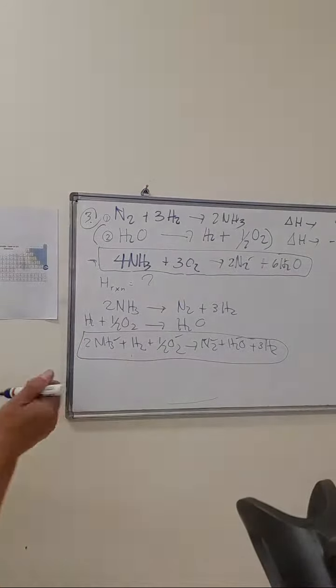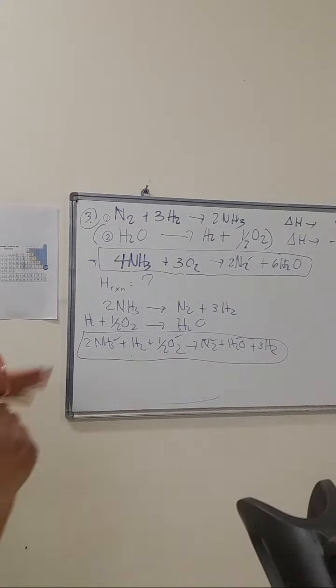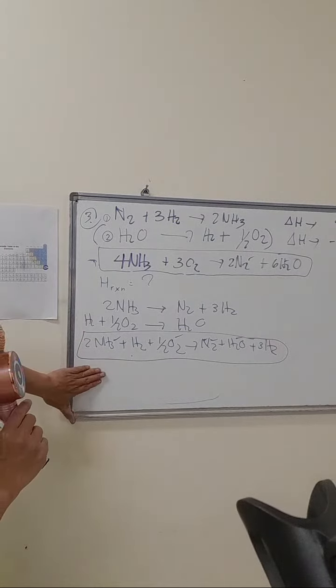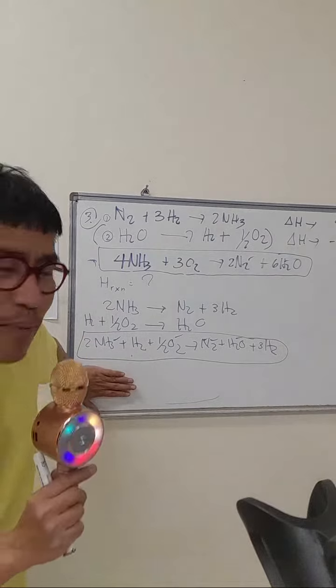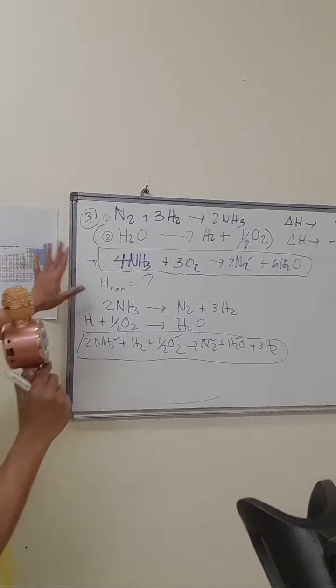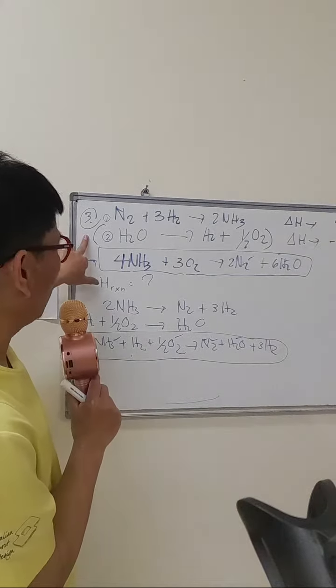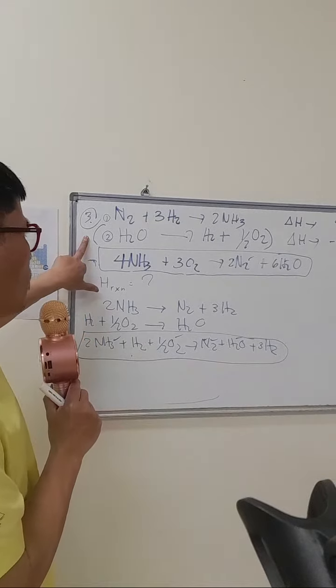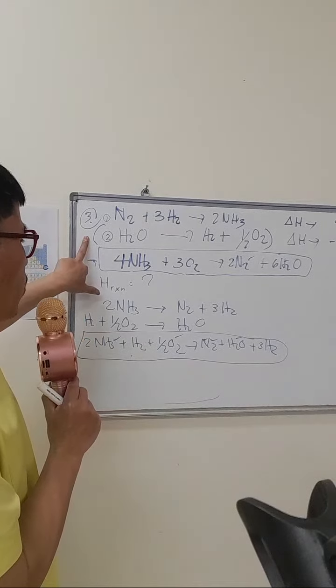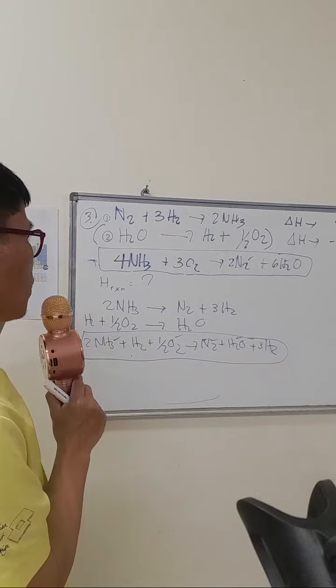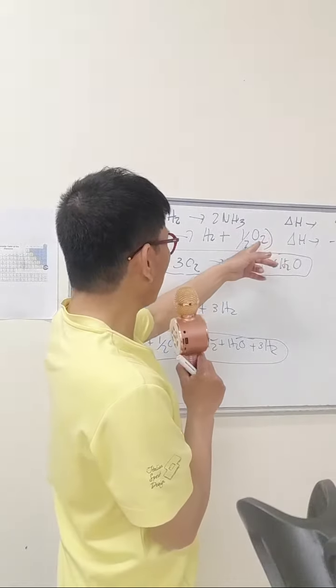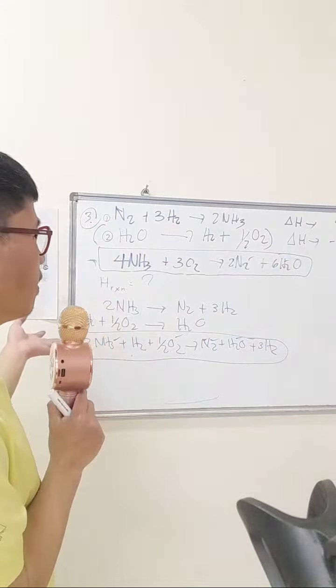Stay put for this because it looks like it's necessary. We go to equation number 2. What is the number of moles to be multiplied? You will say in your brain cells first, I can multiply this by 2 so that it will become 1 mole of oxygen gas. It's possible, of course.